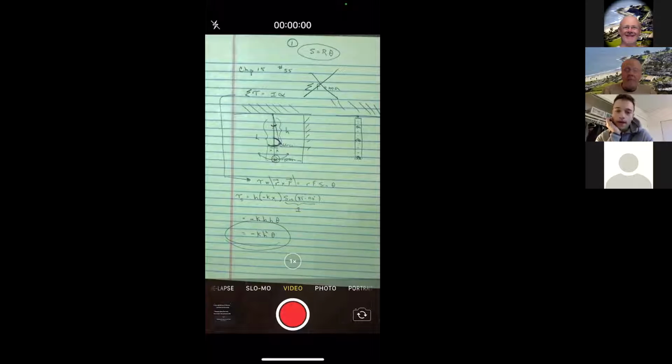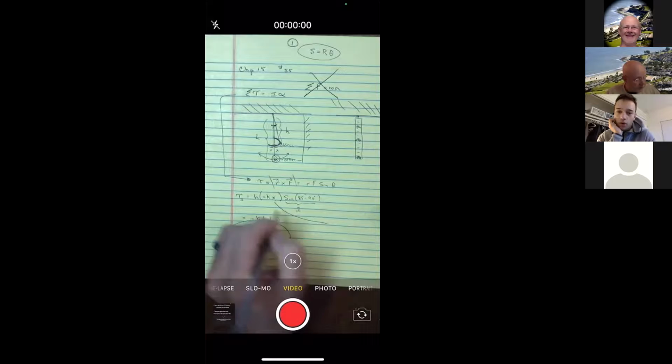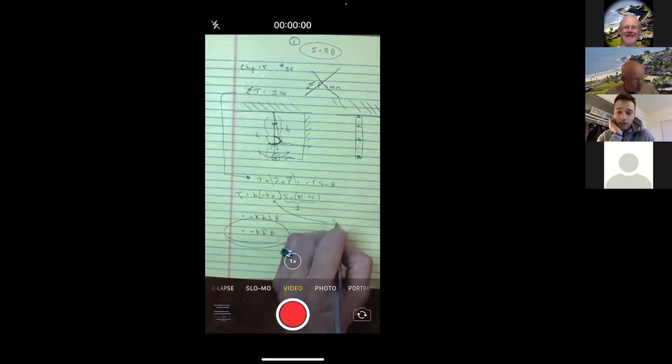So when you went from X to H theta, was that only because it's a small angle? Isn't the arc length that the pendulum swings different than the extension of the spring in general?